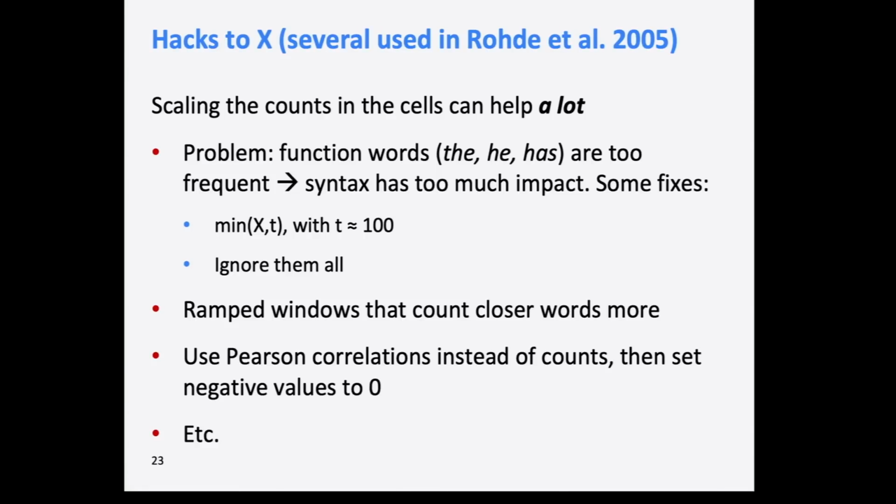So rather than using raw counts, you have to do something to deal with those very high frequency words. One idea is you could log scale them, which is also commonly used in information retrieval. Another idea is you could use something like a ceiling function, so you take the minimum of x and t, for t set to some number like around 100.